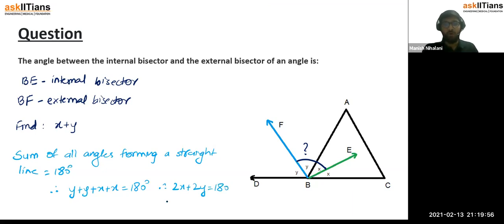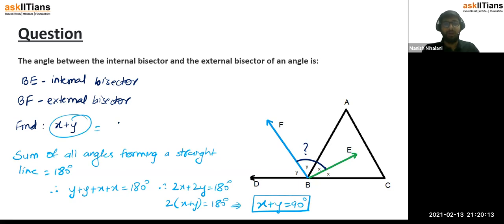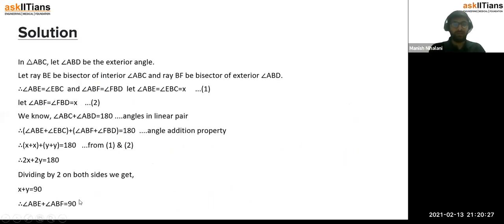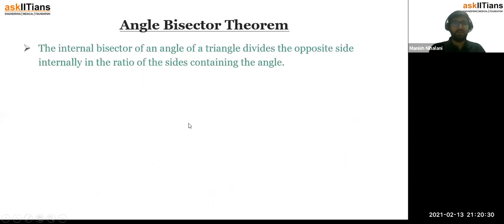If we take 2 common, we get x plus y is 90 degrees, right? So here the value of x plus y is 90 degrees. This is how we find the angle between the internal and external bisectors. So the final answer is 90 degrees.